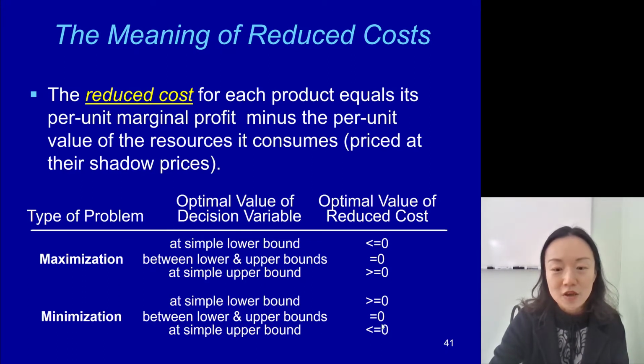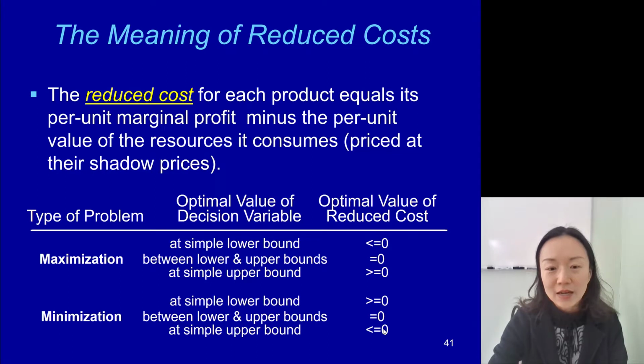So that means if a decision variable has negative reduced cost, every time you produce this product, it's going to decrease your cost. Okay, it's going to help decrease your objective function. Then you would just like to keep increasing the value of this decision variable until it hits a simple upper bound that's limiting it to keep going up.